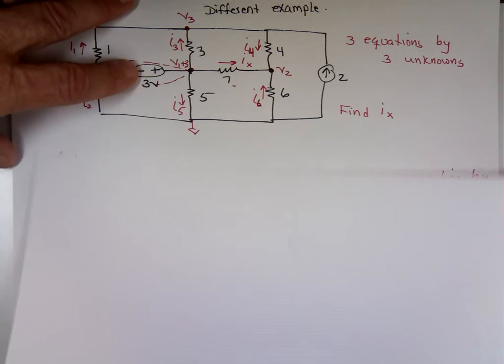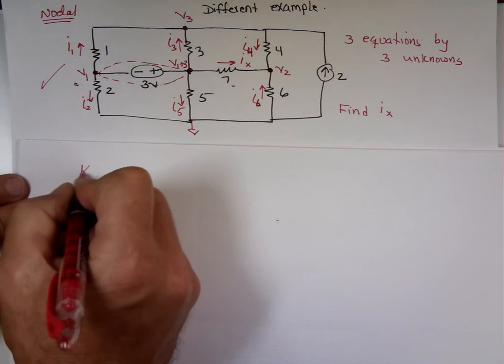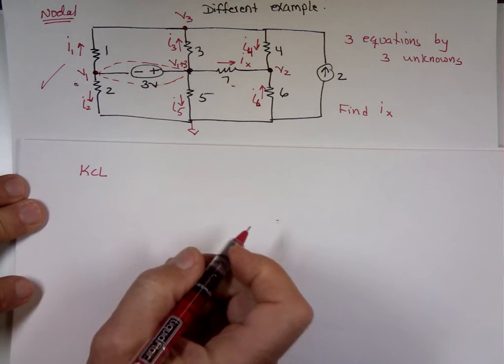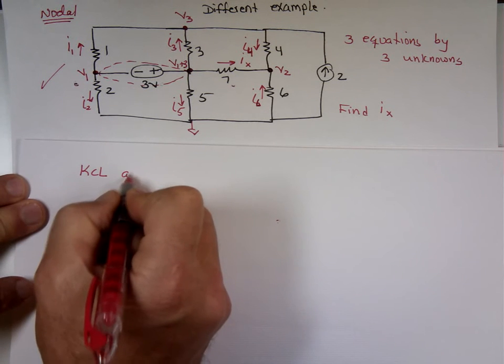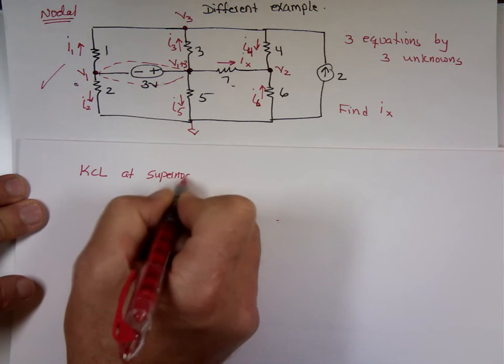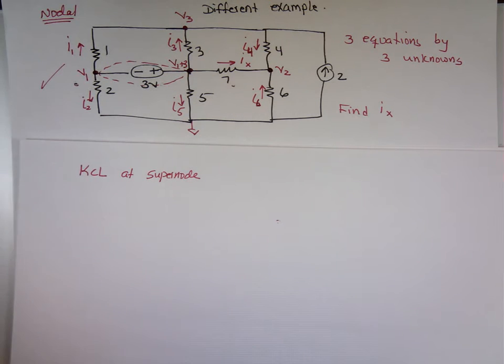Here's KCL. You'll see the math now. It's not as pretty with nodal when you compare it to mesh. KCL at supernode. What is going to that node? There's that supernode.